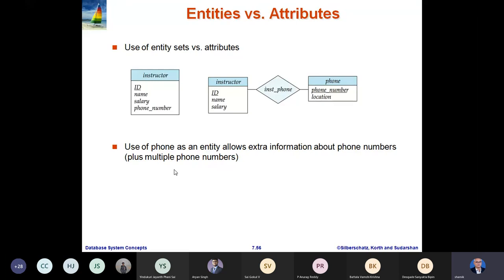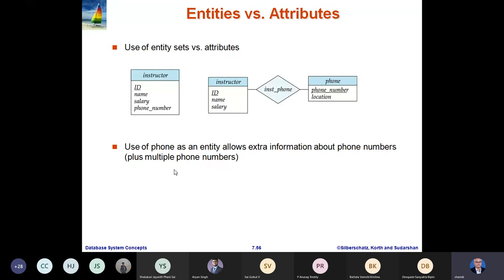Then you will be putting that as a separate entity. Or for example, if we consider a mobile phone, where you want to keep the phone number, the service provider, and what plan is currently active, in that case you may want to model that phone as an entity of its own.